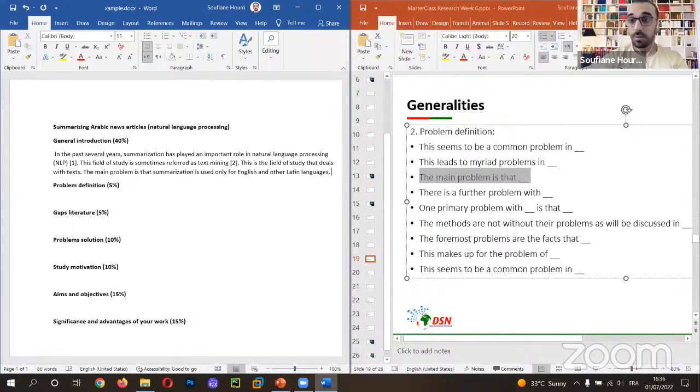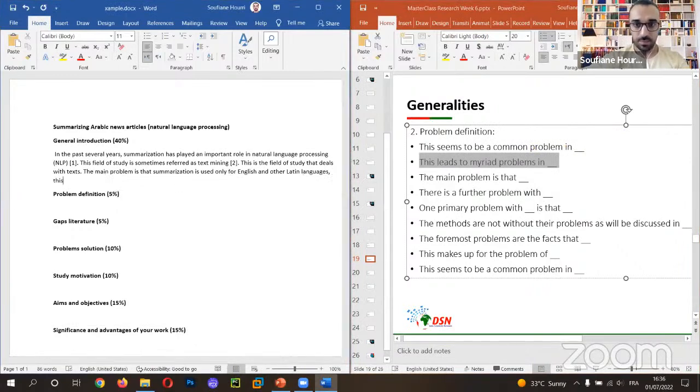Okay, this is the problem. For example, it's not used in Arabic. Just an example, although it's widely used in Arabic, but this is just for an example. Okay, we can use also this one.